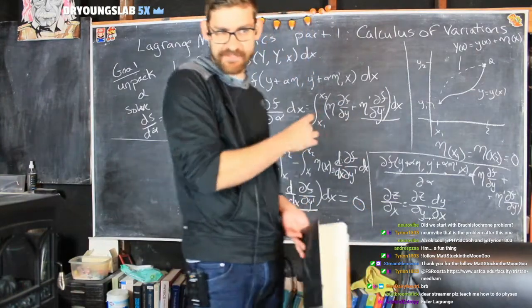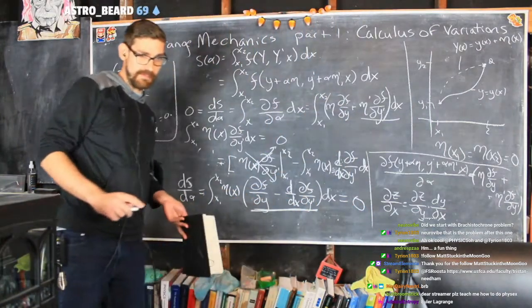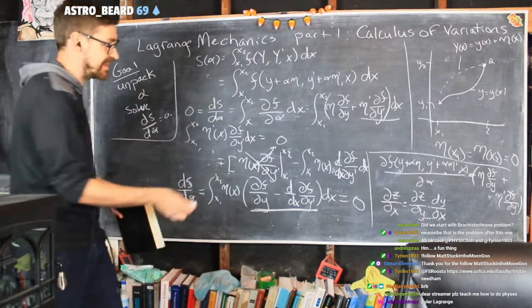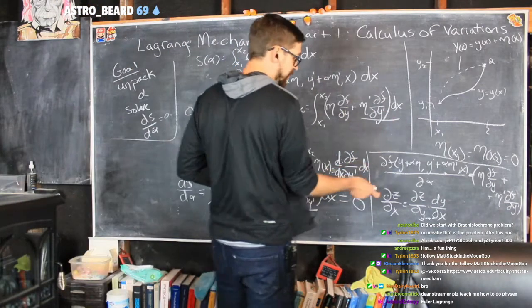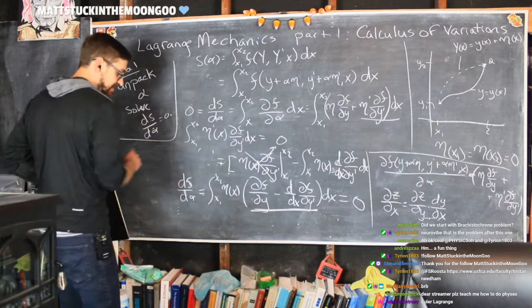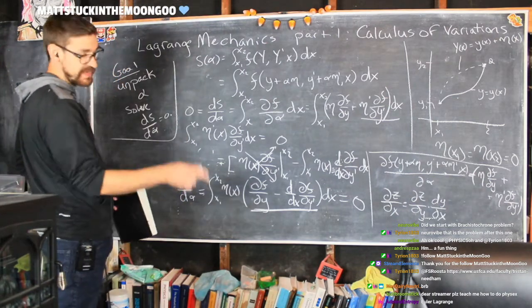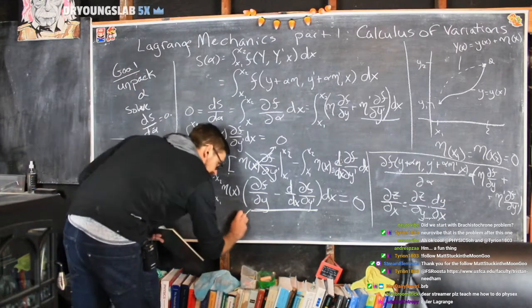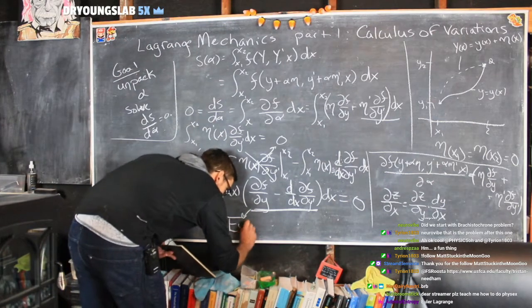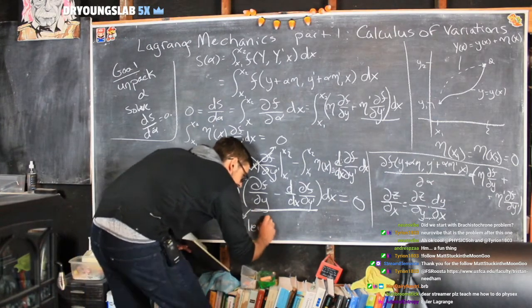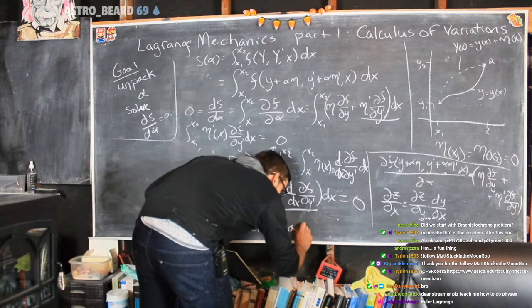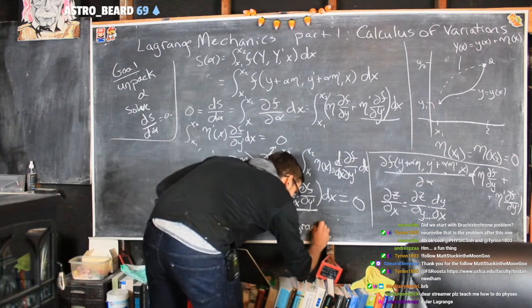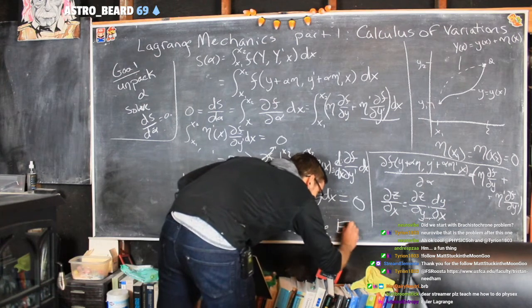It can be an infinite amount of solutions. That doesn't help us. We need this parameter to be 0. So if alpha is 0 and ds d alpha is 0, then we know that it's the minimum. Admiral Entropy is right. This right here, this is the famous Euler-Lagrange equations.